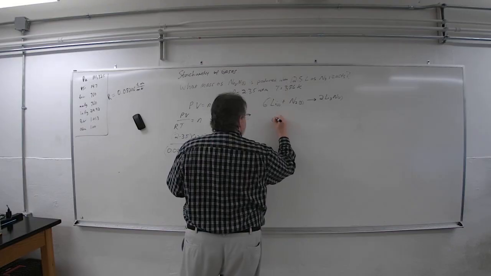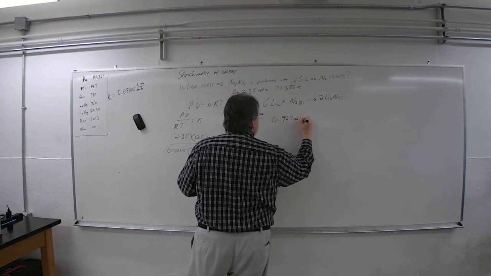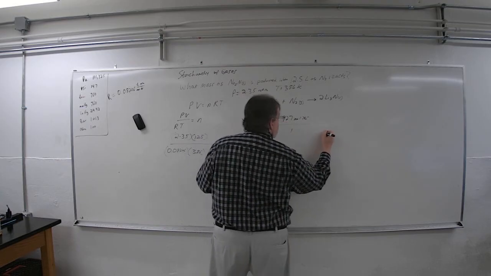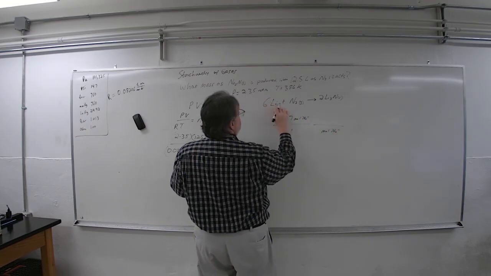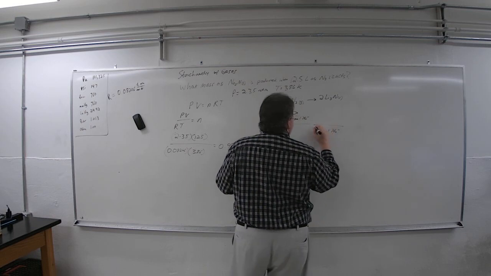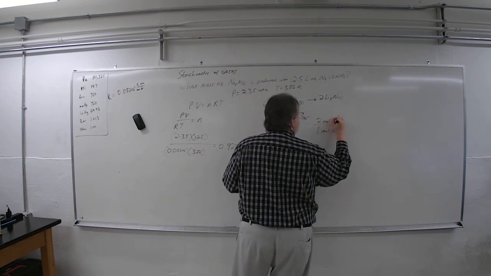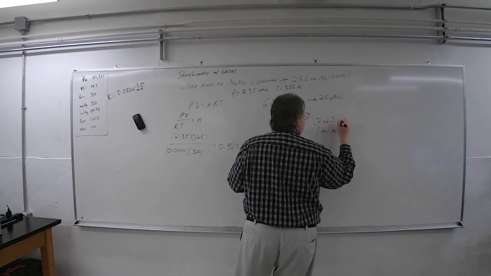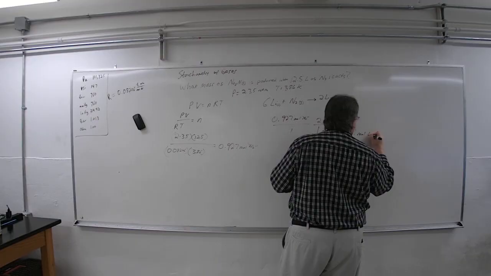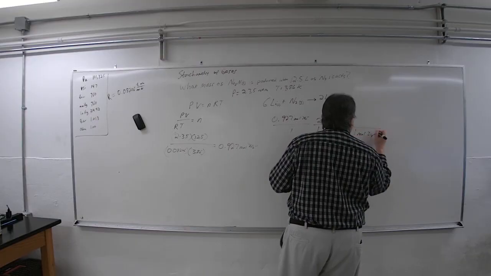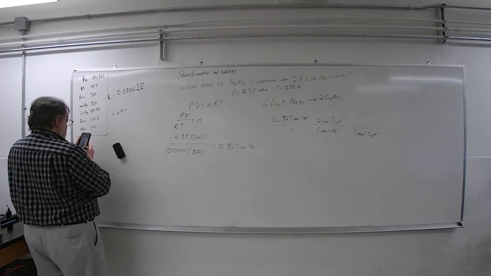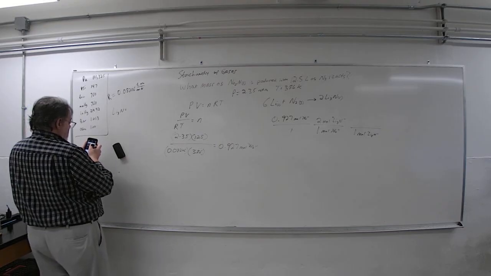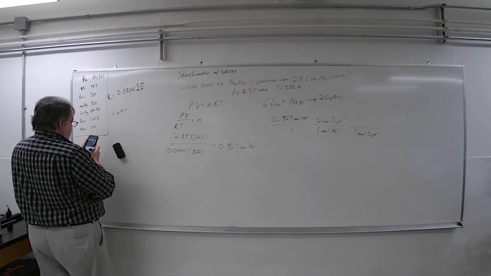So now going the other way, 0.927 moles of N2. 1 mole of N2 to 2 moles Li3N, and 1 mole Li3N is 34.830.